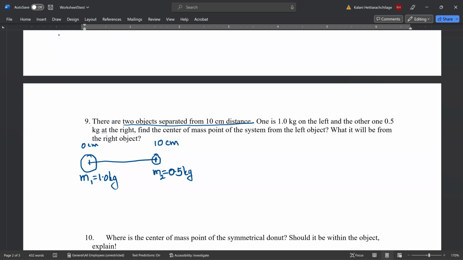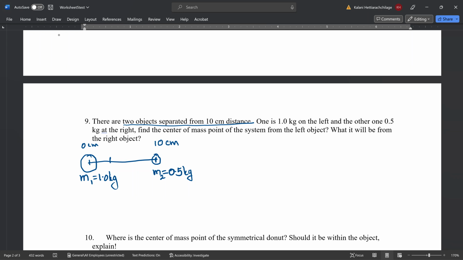Okay, and so now find the center of mass point. So now everybody understands the center of mass formula, that is the center of the system. It is always closer to the heavier side, right? That means I definitely know the system center of mass will be located closer to the greater mass object, closer to M1 in this case, right?